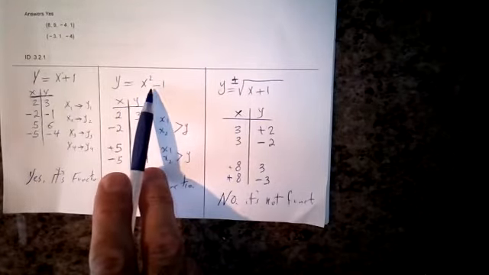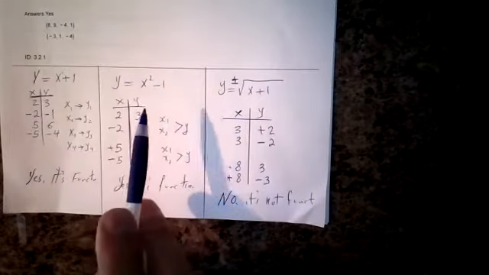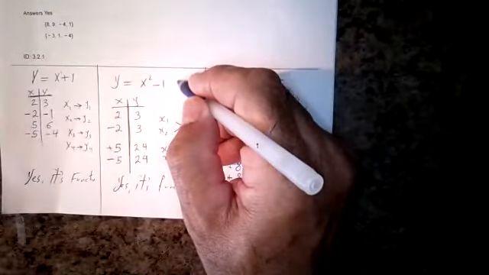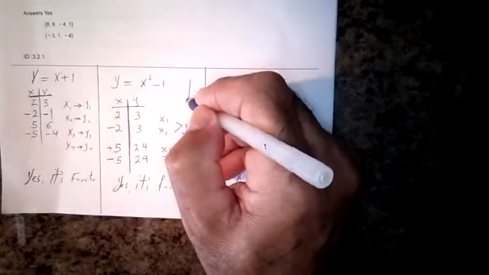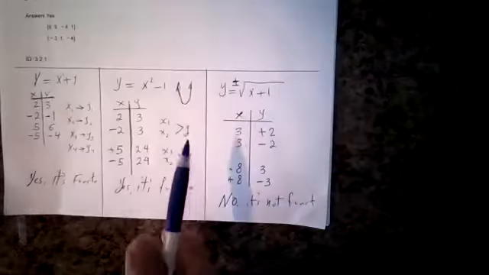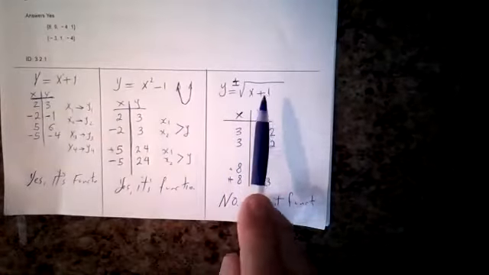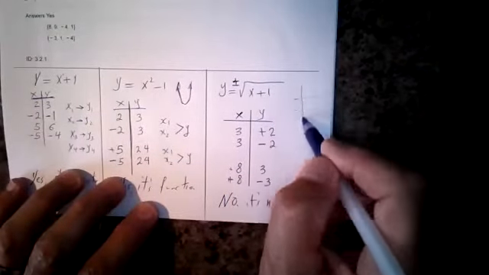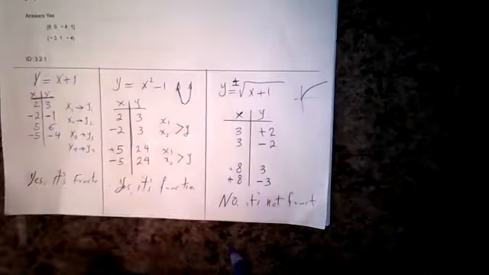So this is probably a parabola or a curve. Okay, so it's something like this. So as you see, it's not a straight line. The third one also is not a straight line, it is something like this. It's a curve too. All right.